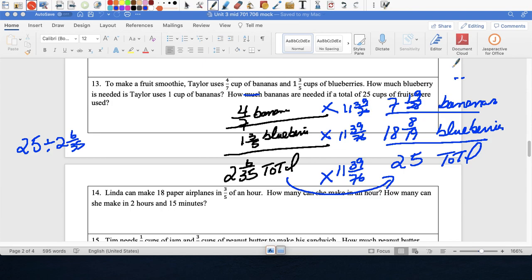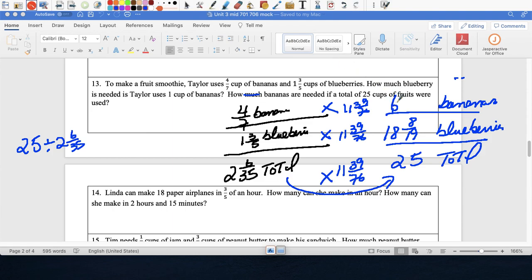Let's multiply 4/7 times 1139 over 76. And I get 6 and 11 over 19. Okay, that's a better answer. So I just used the calculator incorrectly.